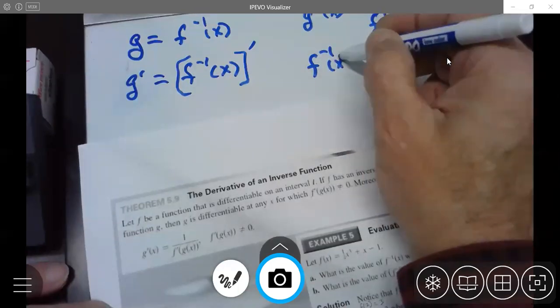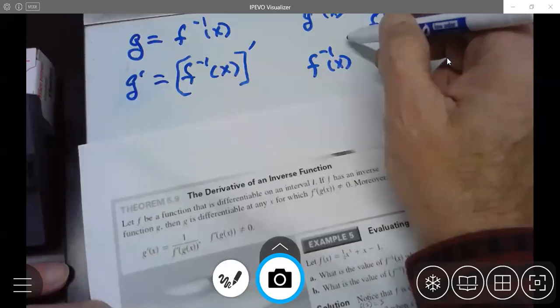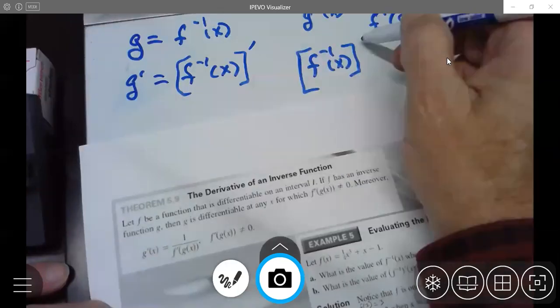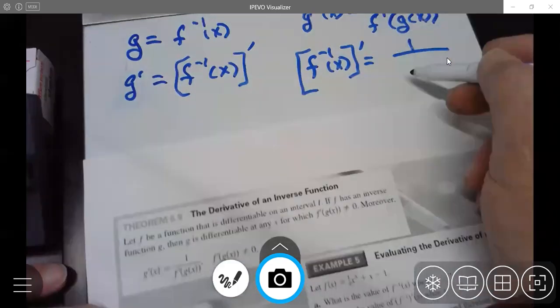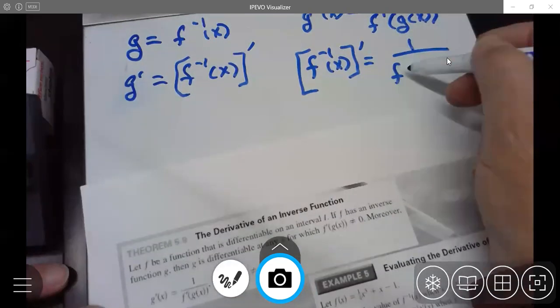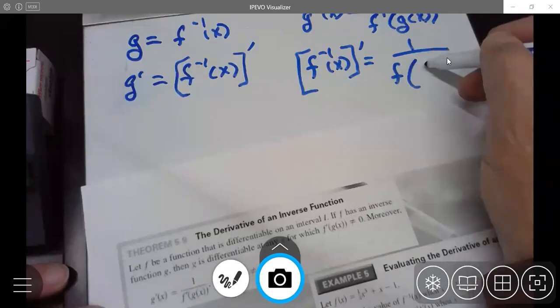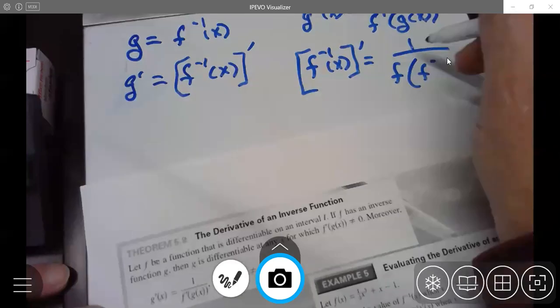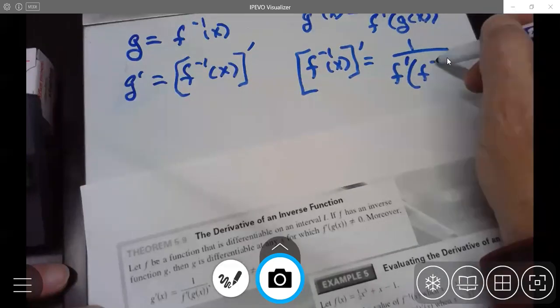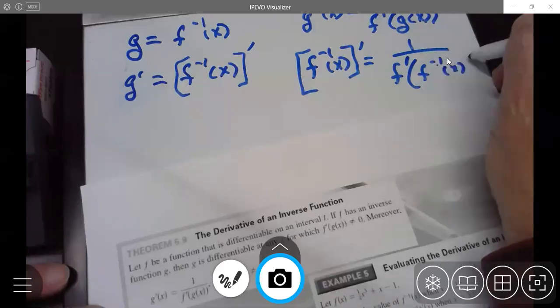Now, why they didn't just write it like this, to me, this makes so much more sense: 1 over the derivative of f, evaluated at f inverse of x, like that.